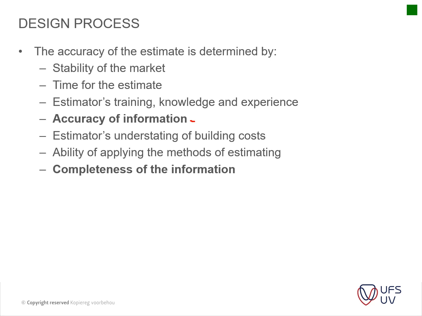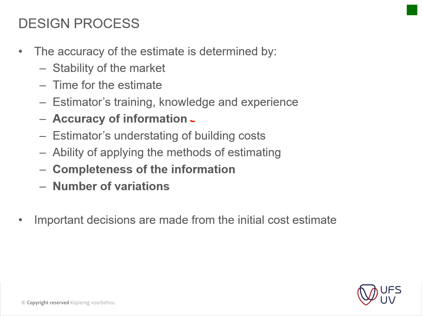The completeness of information is very important. Does it meet all the client's requirements? That also happens quite a bit, where the client comes back later on, but they actually wanted this also in the design. Then the number of variations: how many variations are there on the project?